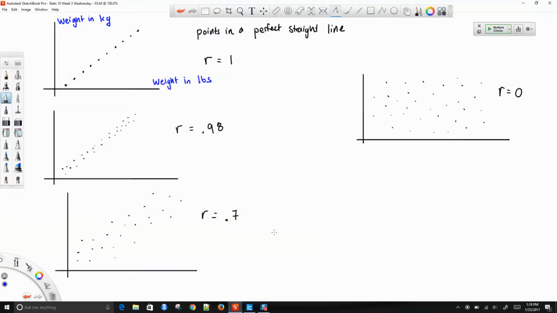If you know someone's weight in pounds, you can predict exactly what their weight in kilograms would be, because you just multiply by a number, you have a direct formula. If two people weigh 120 pounds, then their weight in kilograms will be exactly the same for both of those people.